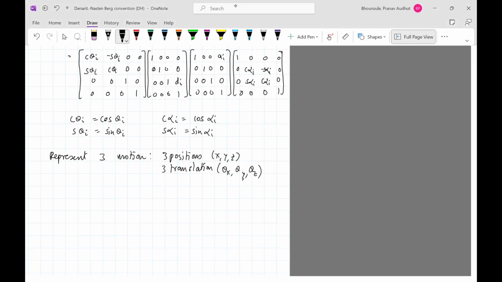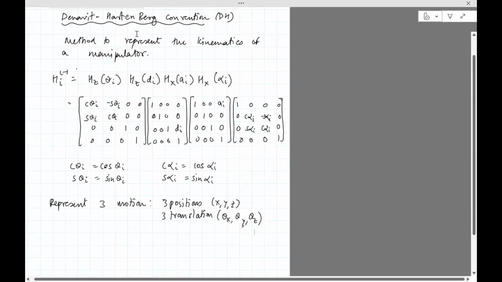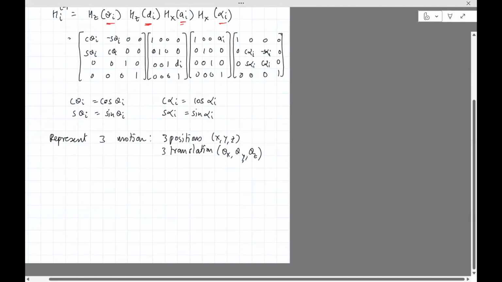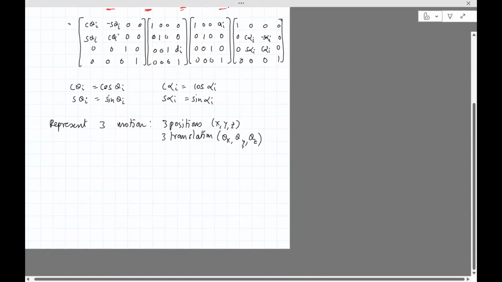Those four numbers are these two angles, this distance.